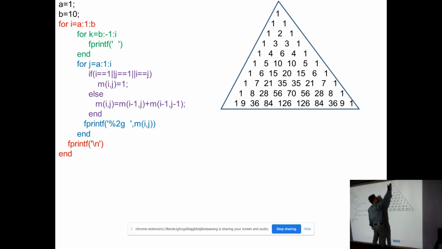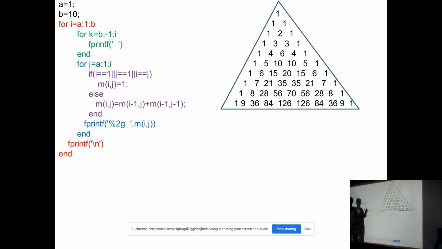If my column is 1, that is first column, it should be 1. Or row equal to column. What is row equal to column? For example, fourth row, fourth column. This should be also 1. Fifth row, fifth column, this also 1. So if i equal to j or j equal to 1 or i equal to 1, your value should be 1.